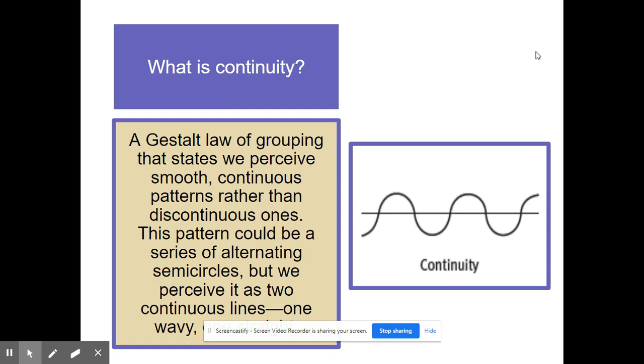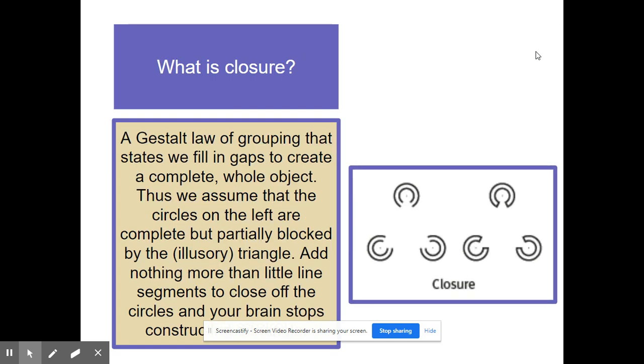The third is closure. We like to create completions. We don't like gaps, so we see the whole object. Our mind draws the lines. This is why we saw the B when it was with all the letters, and not a 13.